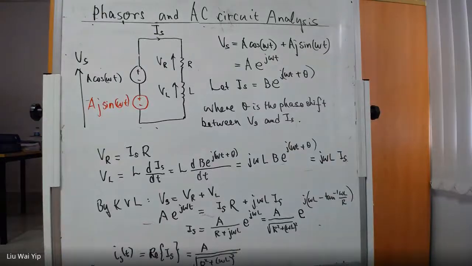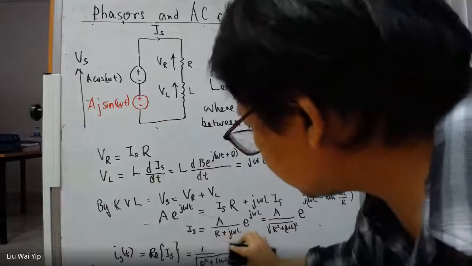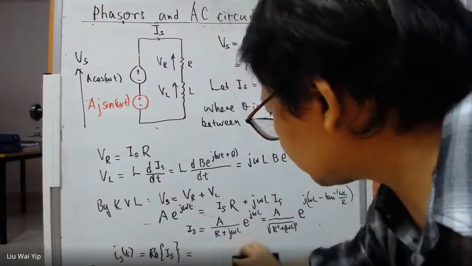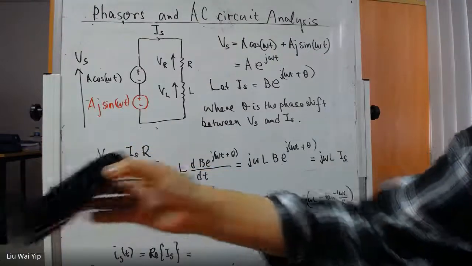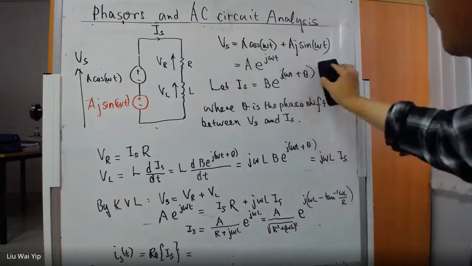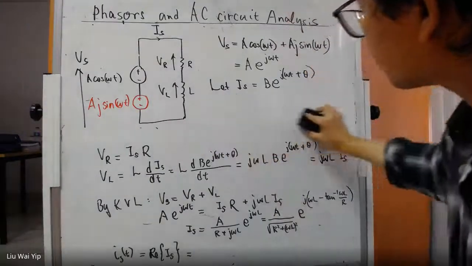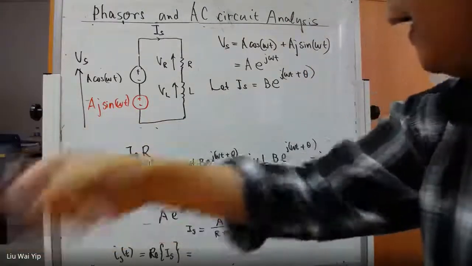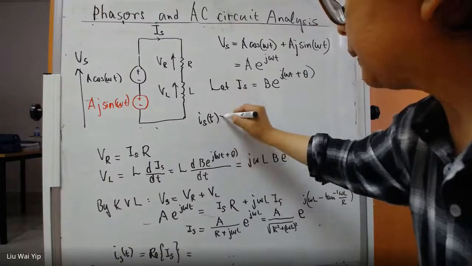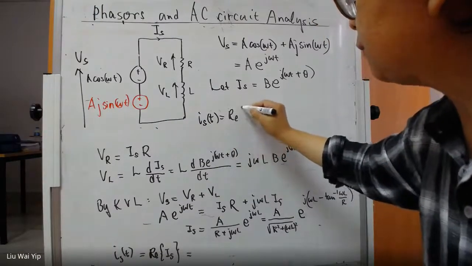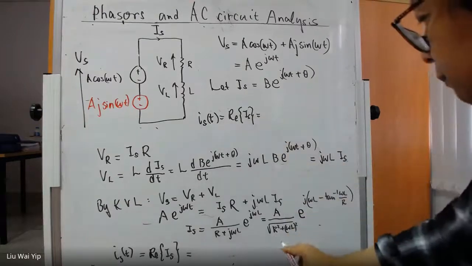We don't have enough space now, so we are going to write it here. So i of t is the real part of Is. And what is the real part?